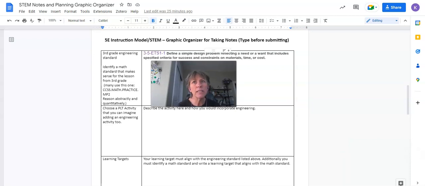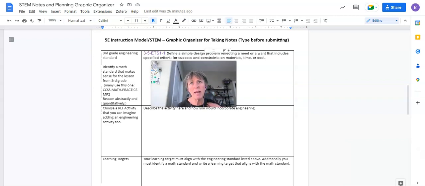Some of the PLT lessons already integrate mathematical practices, and it would put you further ahead if you identify one that does incorporate a math practice. Those are listed in the lesson. So be a curriculum detective on this and look through the lessons, find one that has math or that would be easy to incorporate math.